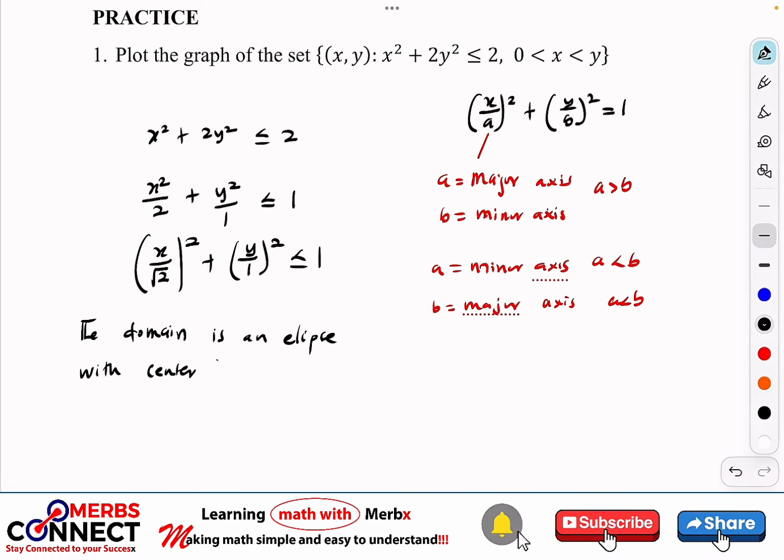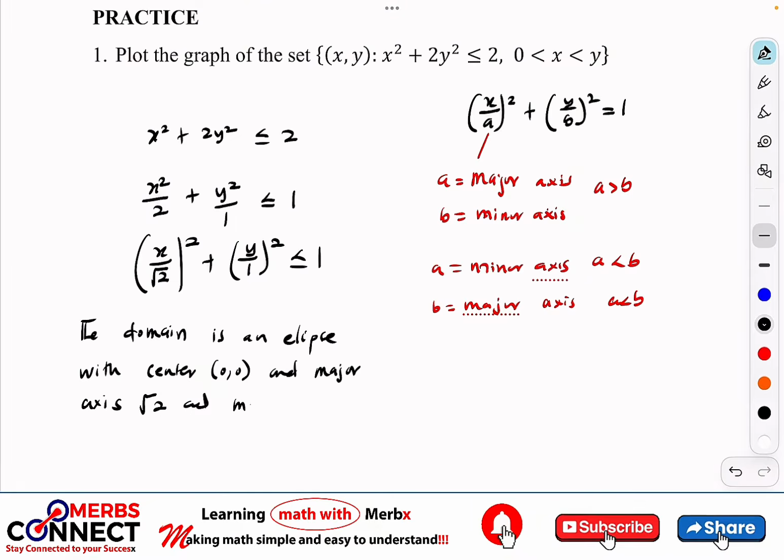So it's with center 0, 0. And we have a major axis on the x-axis because square root of 2 is 1 point something, so it's greater than that. So this on the x-axis, and we have the minor axis on the y-axis, which is 1. Good. So this is our domain, right?